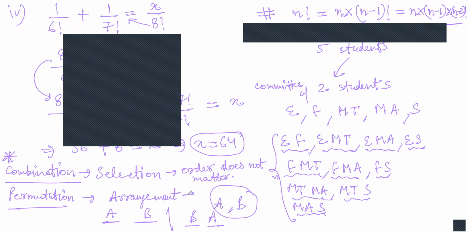While in permutation, order is the main thing. Order matters. Which is first, which is second, it matters.